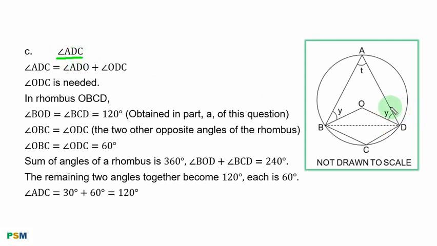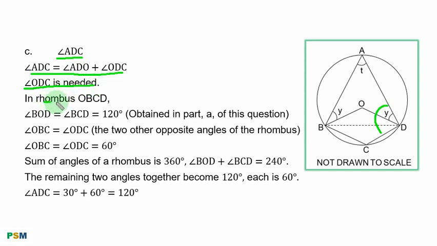C part of the question, we are to find angle ADC. That is this entire angle. It is broken down into two angles in this form. Already we know angle ADO, which is y, to be 30 degrees. We get the other angle. Angle ODC is needed.